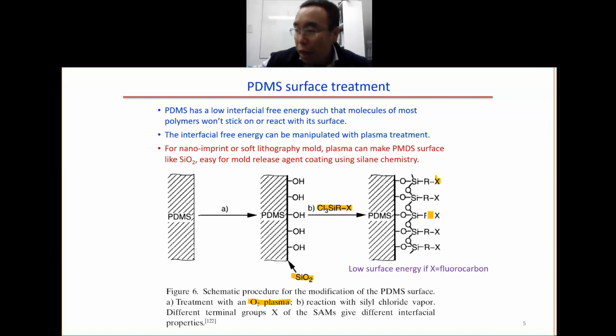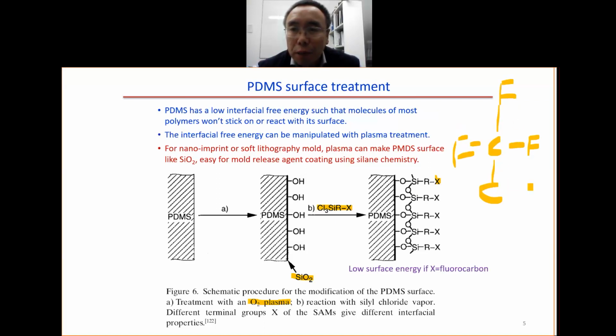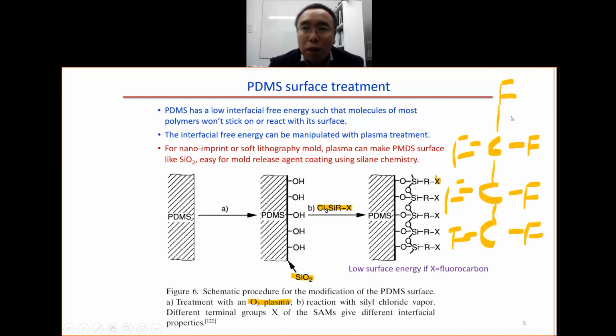For example, if you want to make it hydrophobic, then this X will be something like this. So if you have a lot of fluorocarbon, then this one will be low surface energy. It will be hydrophobic. And this is the same thing as we have learned for the mold release agent for the nanoimprint lithography.